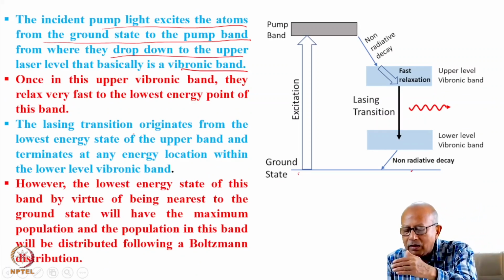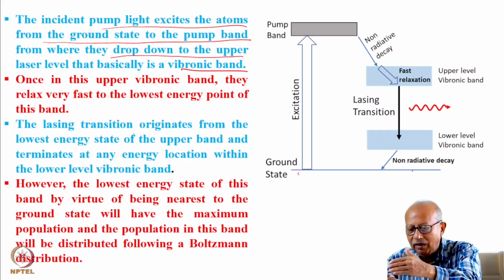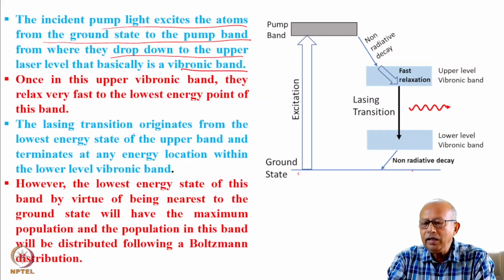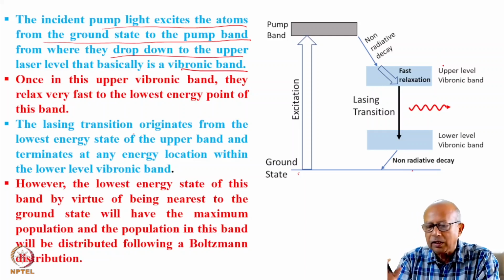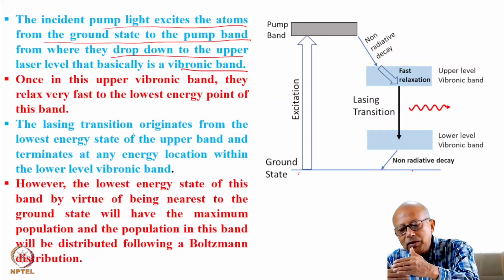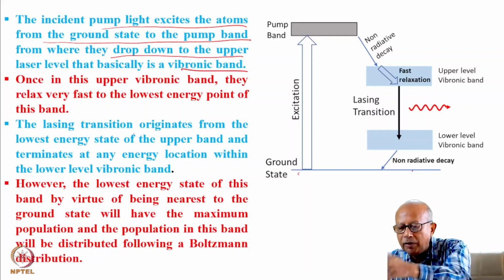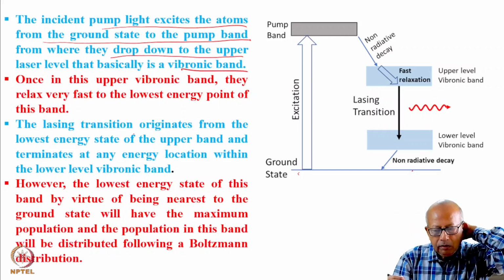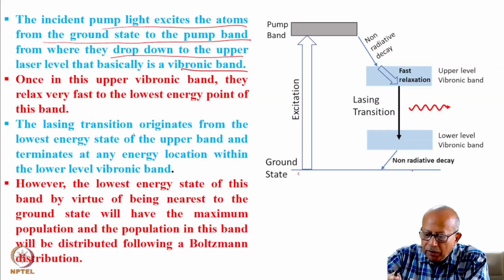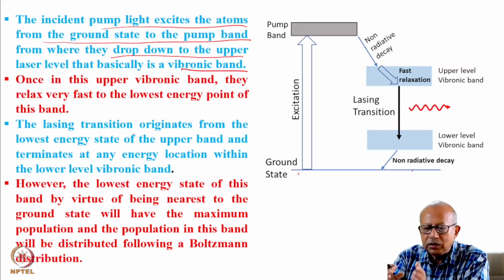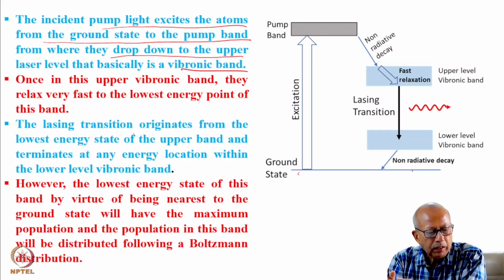Once again, we are considering something similar to a neodymium doped YAG laser, but not quite, because that would not give such vibronic bands. So the mechanism has been represented in these low-lying energy levels which participate in the process of lasing.